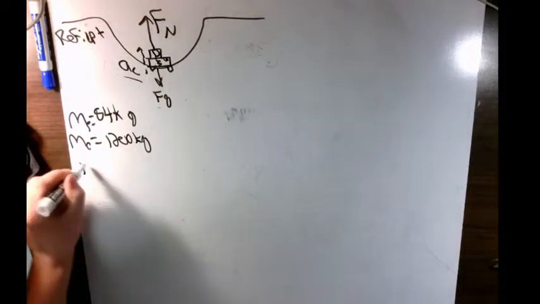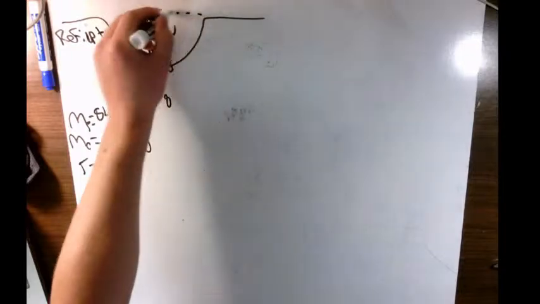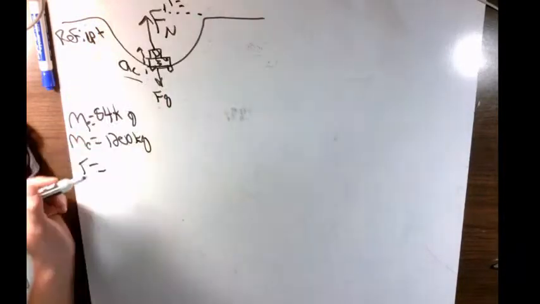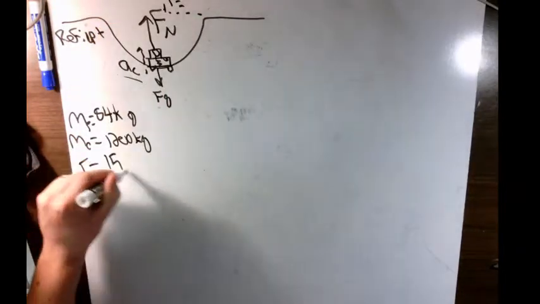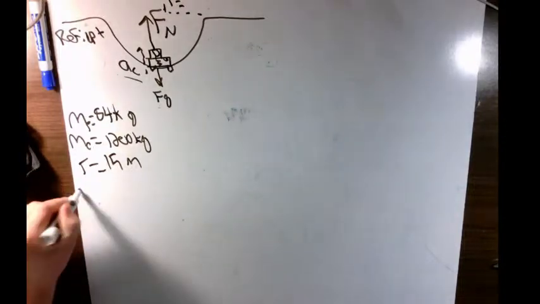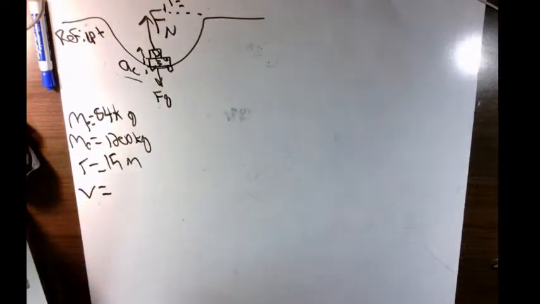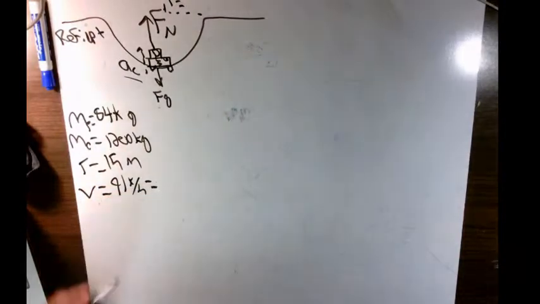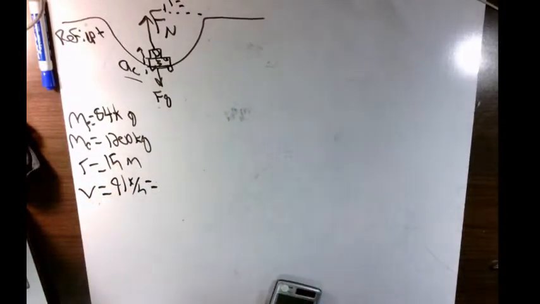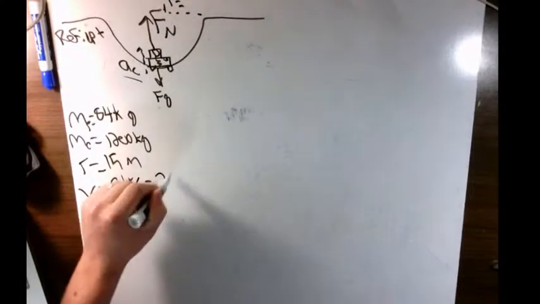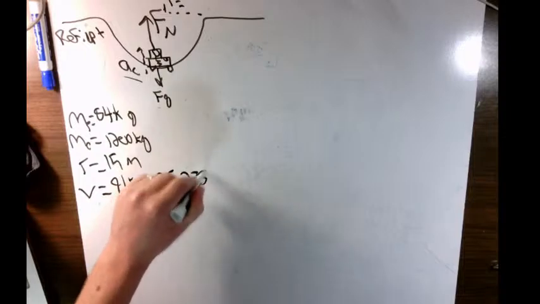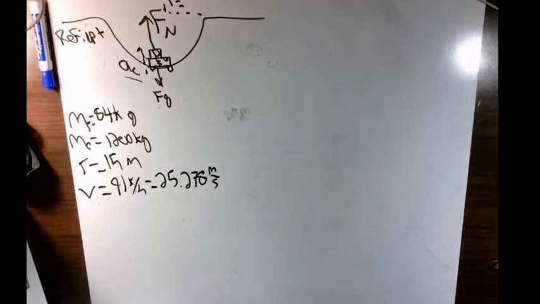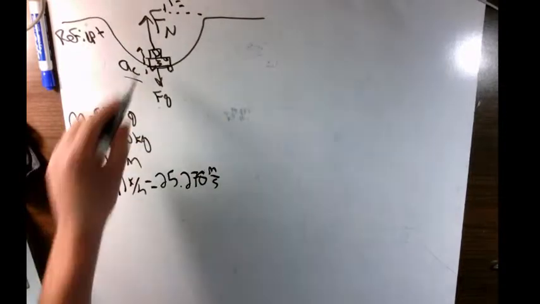We know the radius is equal to 15 meters, and our constant speed is 91 kilometers per hour. If we divide that by 3.6, we can get our meters per second, which is 25.278 meters per second. So with constant speed, we know we can use our uniform circular motion formula.